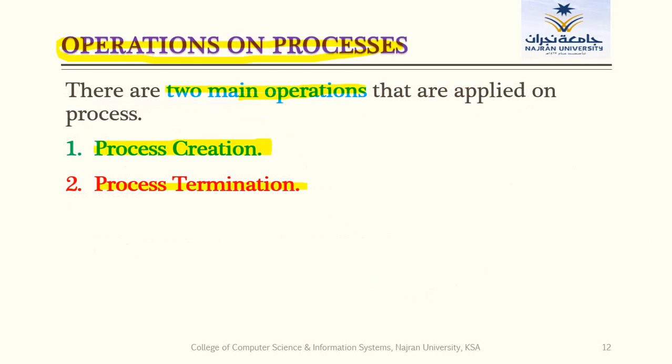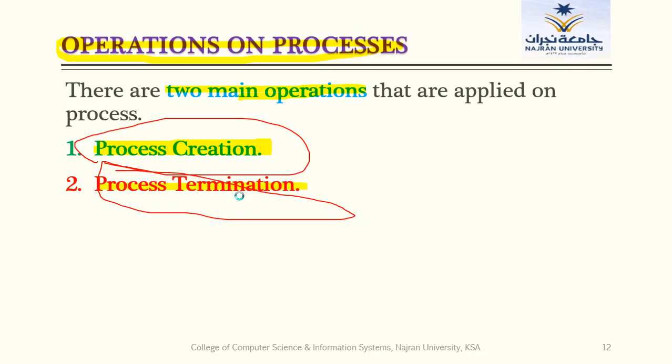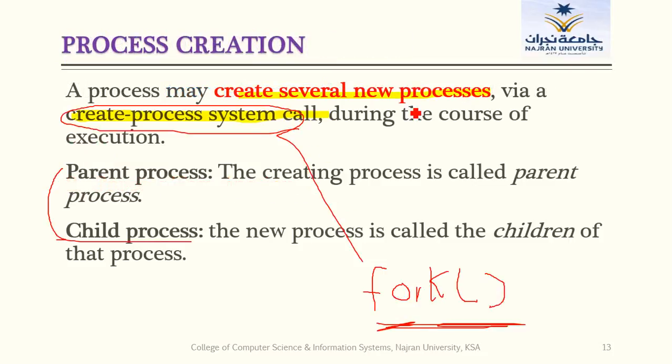So we started our discussion from process creation, and we said that we have two main operations: process creation and process termination. So what is process creation? To create a new process. When we create a new process, then we have two processes: one is called the parent process and the other is called the child process.